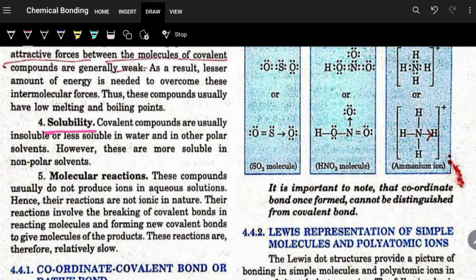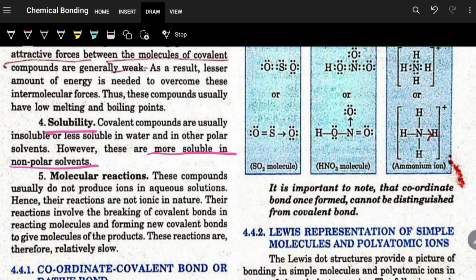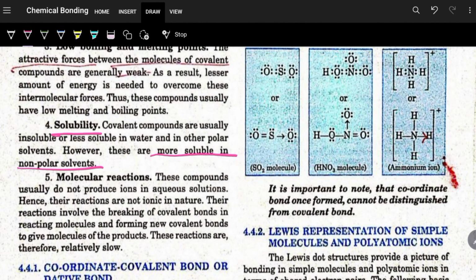Solubility of covalent compounds: they will be soluble in less polar solvents, more soluble in non-polar solvents. Whereas ionic compounds have ions in them, so they will be more soluble in a polar solvent, a solvent which has a high dielectric constant like H2O.